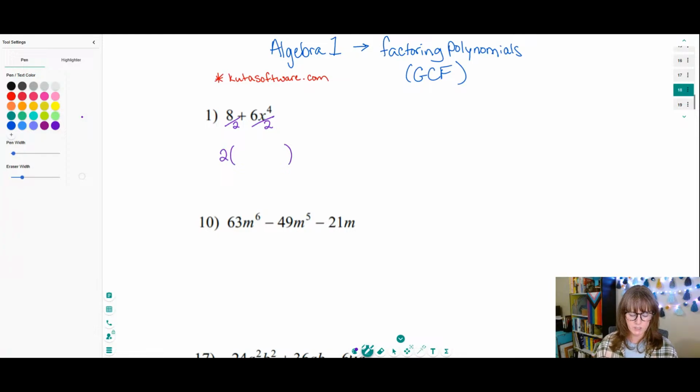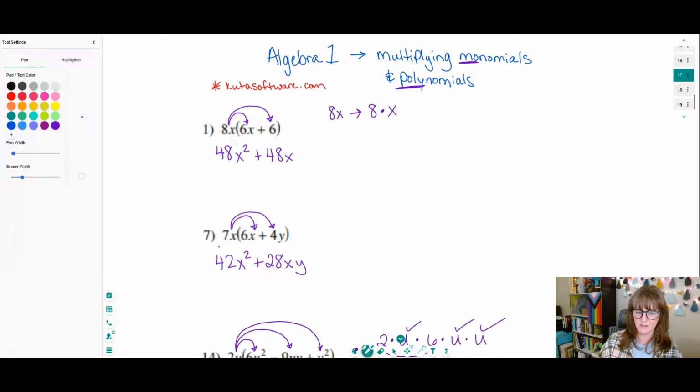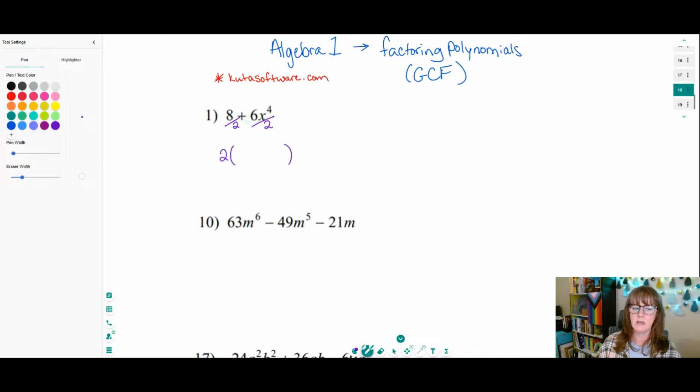Again, remember that we're working backwards from what we just learned on this page. On that page, we were taking whatever was outside of the parentheses and multiplying it in. Now we're taking whatever can be divided out and pulling it out of the parentheses.